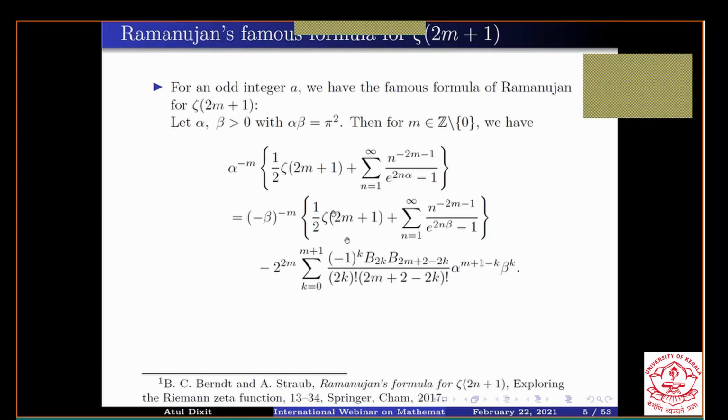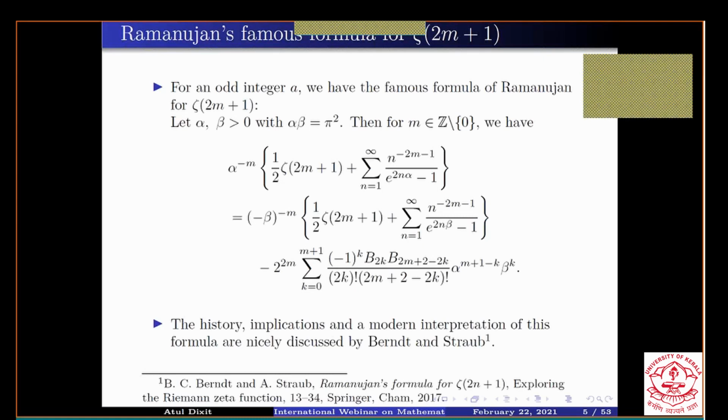So you see a beautiful symmetry where alpha and beta are two numbers which have their product as pi square, and m is any non-zero integer. So we have this beautiful symmetry here. Bk are the Bernoulli polynomials. The history and implications as well as modern interpretations of this formula you can find in an article by Bruce Berndt and Armin Straub. This formula has been instrumental in encapsulating the properties of modular forms and Eichler integrals that I'll discuss very soon.